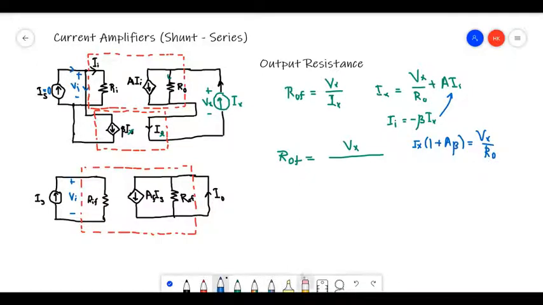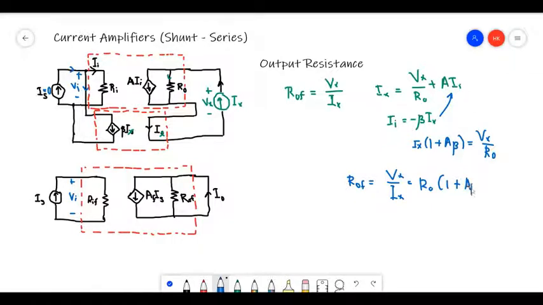So don't need to worry about this. I think we can get the expression from this right away, right? So what we need is Vx over Ix. So if I take this R out here and Ix here, I'll get ROF, which is Vx divided by Ix and given by R out times 1 plus A beta.